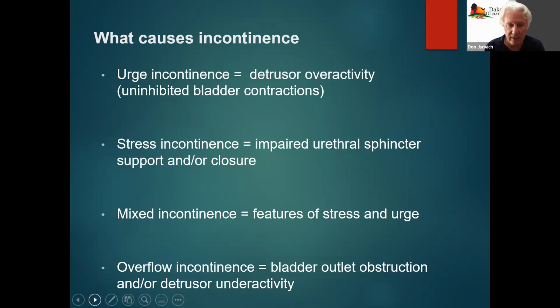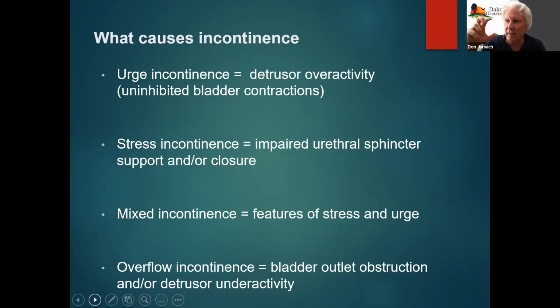Now, conversely, there's stress incontinence. That's where there's impairment of the urethral sphincter support or its closure. Those are the types of incontinence episodes that we attribute to a cough, squatting, jumping, climbing stairs, anything that increases intra-abdominal pressure.